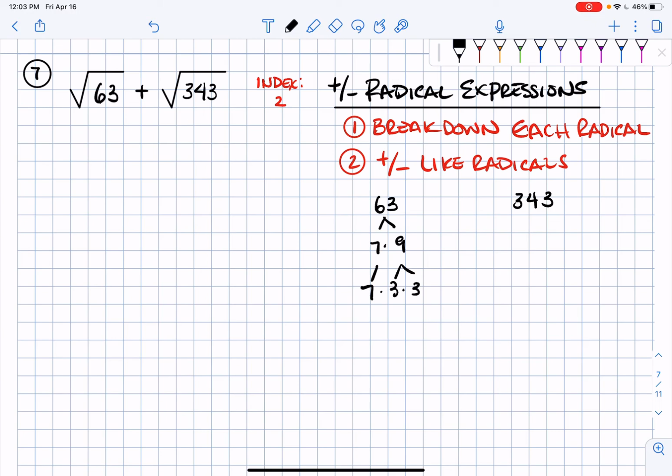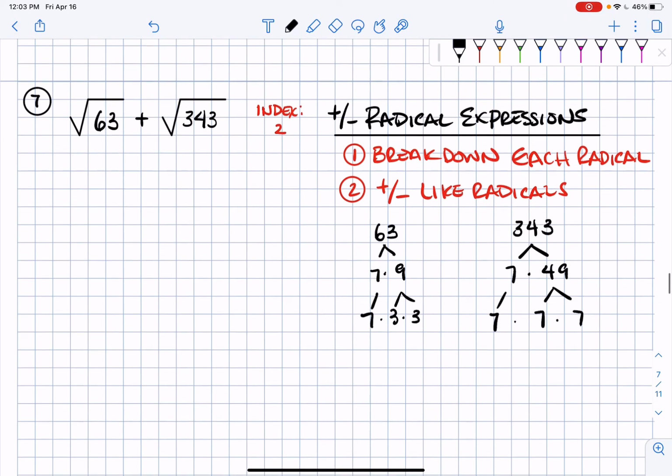Let me see here. So this is going to be a 7 times 49. So 7 times 7 times 7 is equal to that.